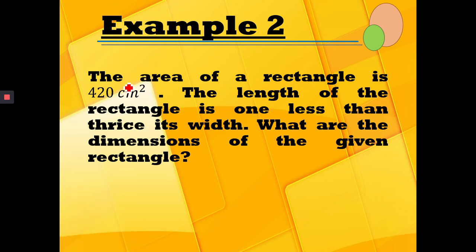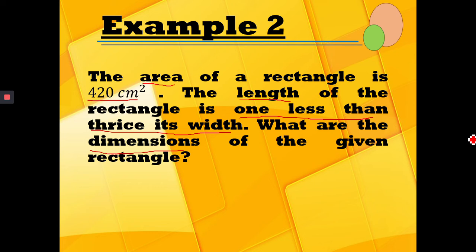So again, the area of a rectangle is 420 centimeters squared, and the length of the rectangle is 1 less than twice its width. The question is, what are the dimensions of the given rectangle? Or what is the value of the length and what is the value of the width?